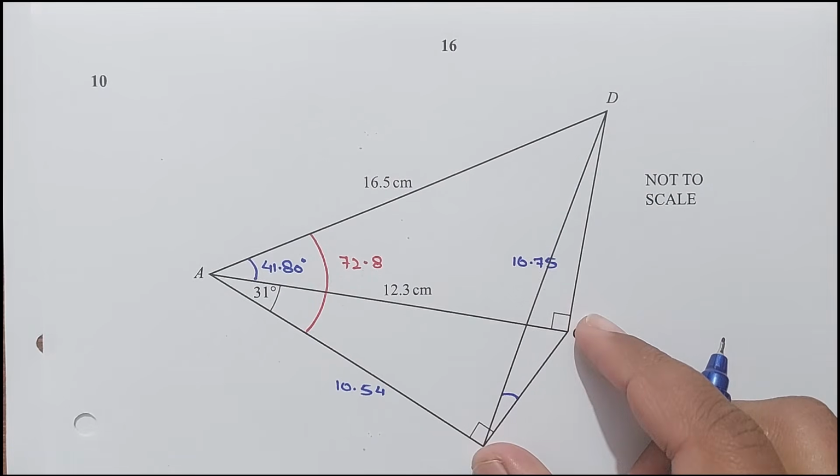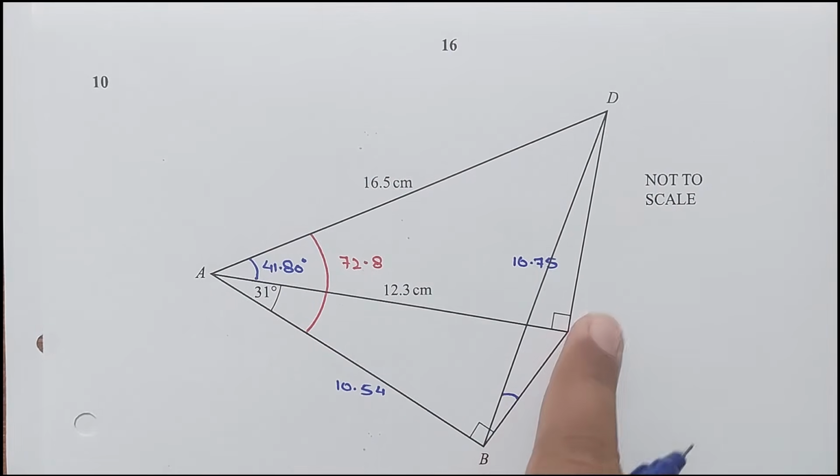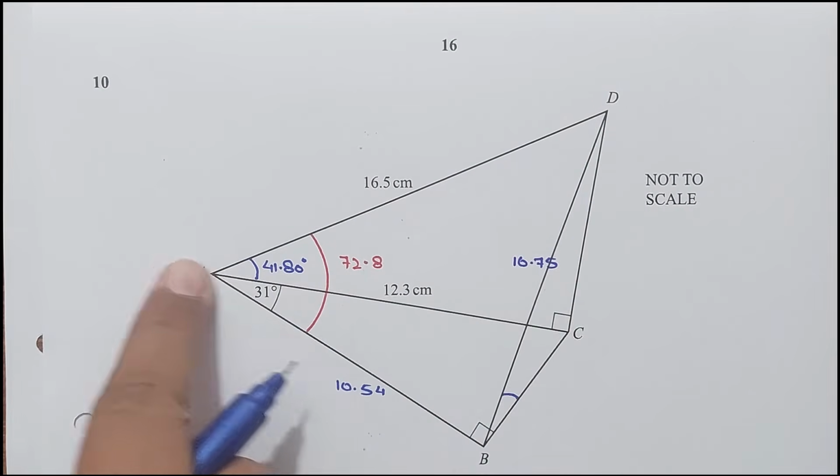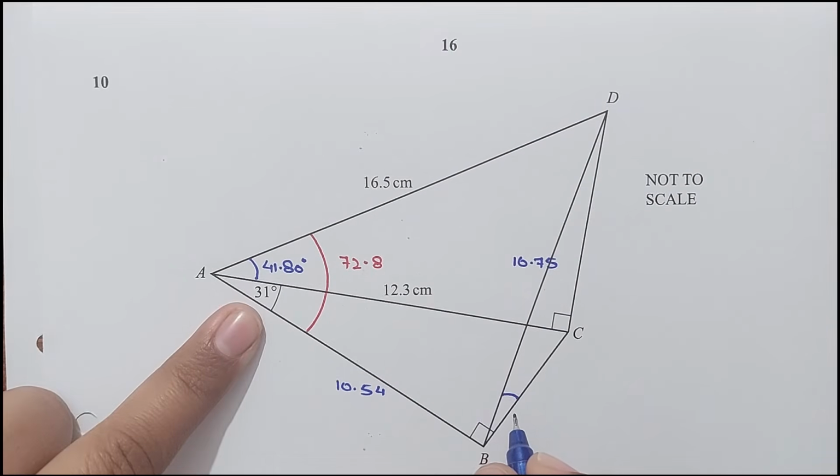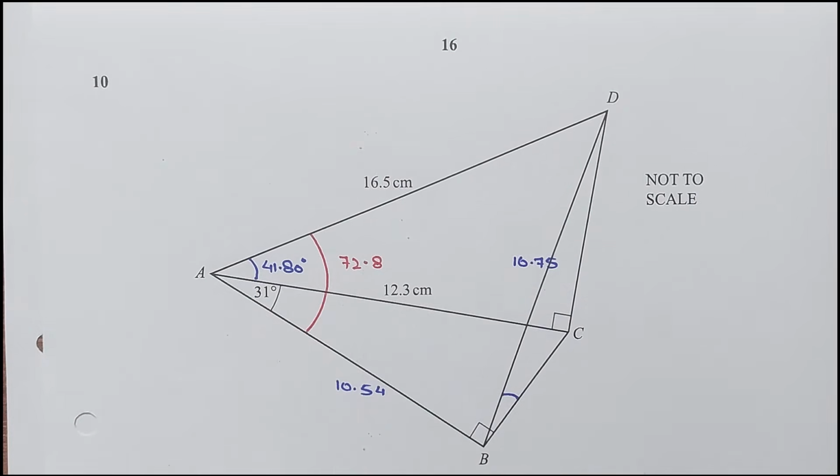So for BC, we have to consider the triangle ABC, a right angle triangle. We have AC, we have AB, we can find BC. So for BC, we have this angle is 31. This is opposite over adjacent, or we can use the ratio of tangent, or opposite over hypotenuse, use a ratio of sine, right?